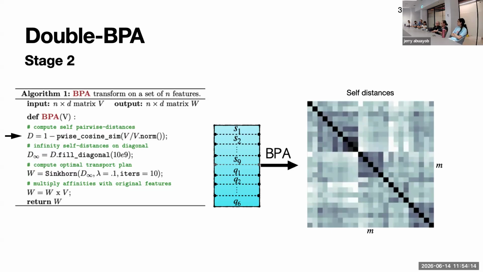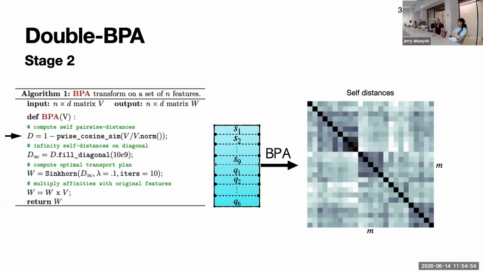If they're normalized, cosine and Euclidean are equivalent, up to a factor of two. But it is possible to do Euclidean without normalizing.